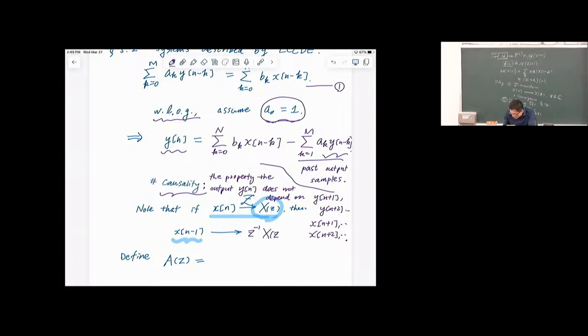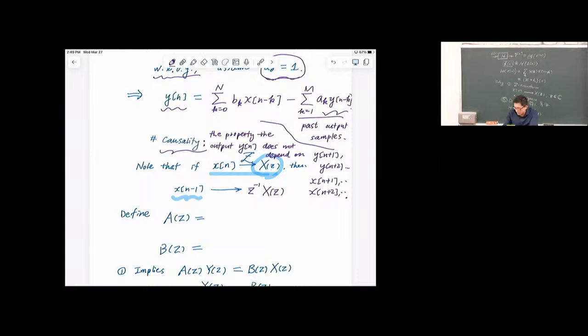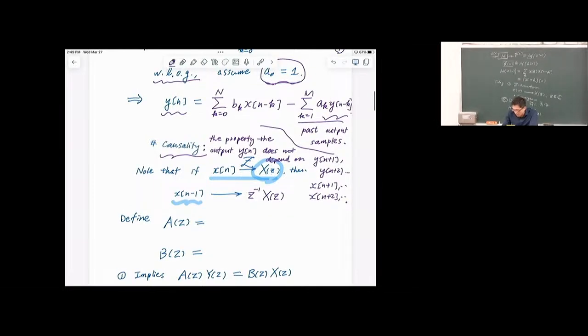X of z, okay? So now, let me define A of z as 1 plus a1 z inverse plus a2 z to the minus second power, all the way to the last term, the mth term. Okay, let's define A of z as this polynomial.